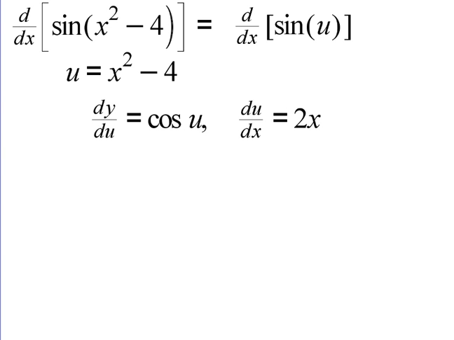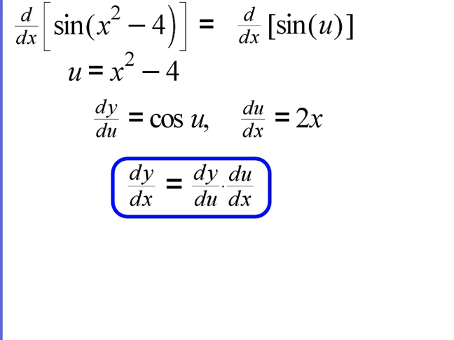If this is our y function, sine of u, then the derivative of that with respect to u is just cosine of u, knowing our trig functions and their derivative definitions. And the derivative of u with respect to x is simply 2x, because we drop down the exponent as a coefficient, decrease the exponent by a power of 1, and we get 2x. The 4 goes away because it's a constant.